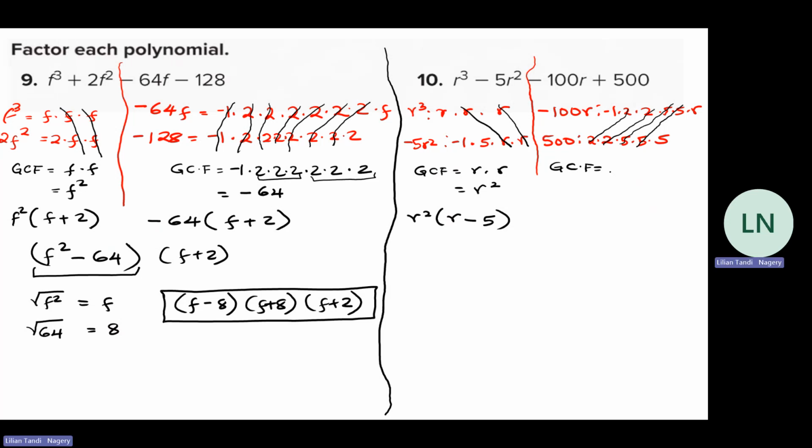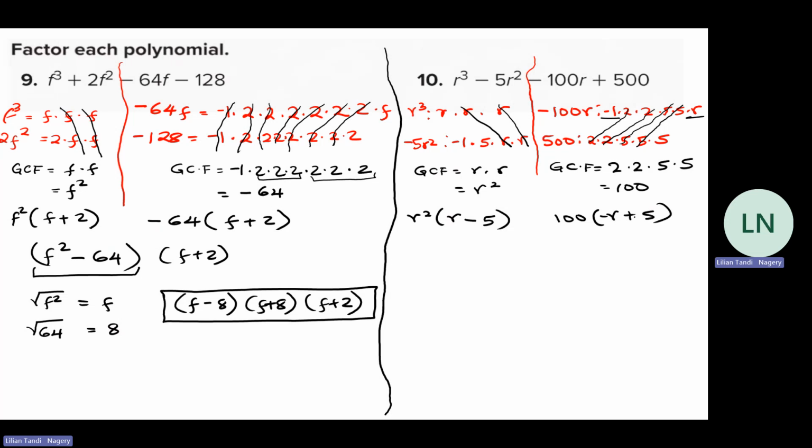So now we have 2 times 2 times 5 times 5, which is 4 times 25, which is 100. All right. So then I have here 100, and then I have r, negative r, because there's negative 1 here. So negative r, and then plus 5.